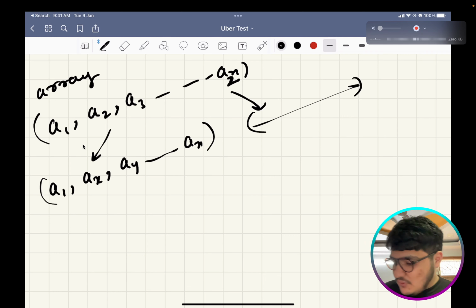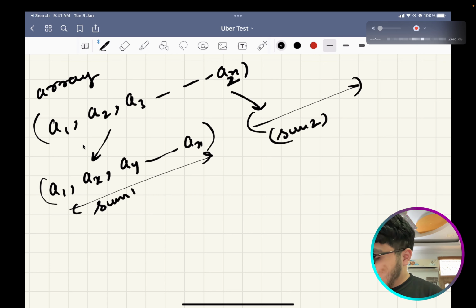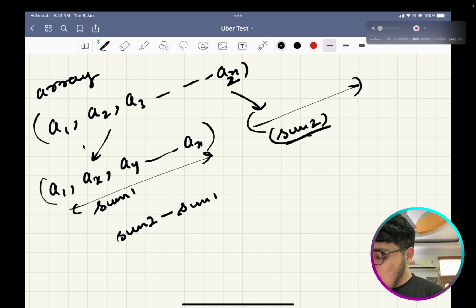Let's say this is sum 1 and this is sum 2, and you want sum 2 minus sum 1 to be minimized, right?